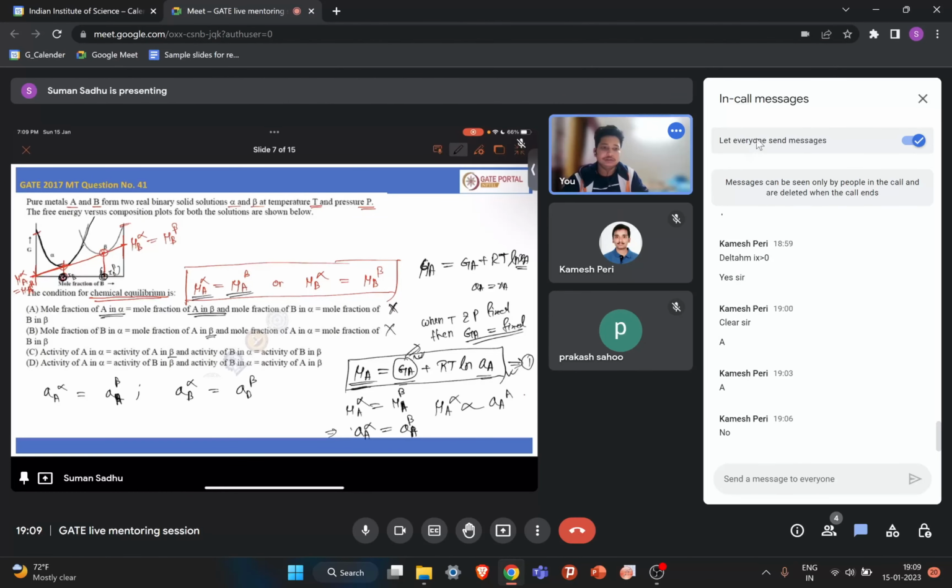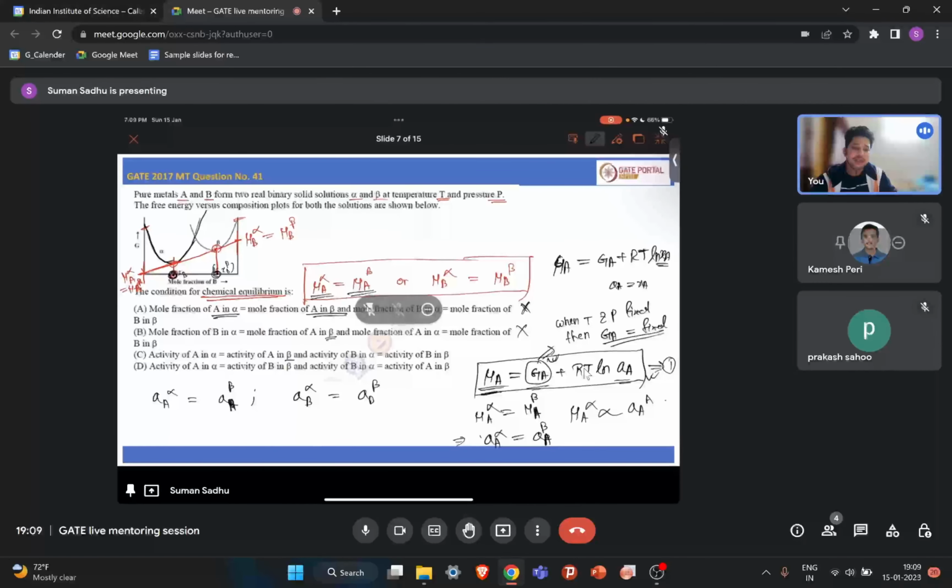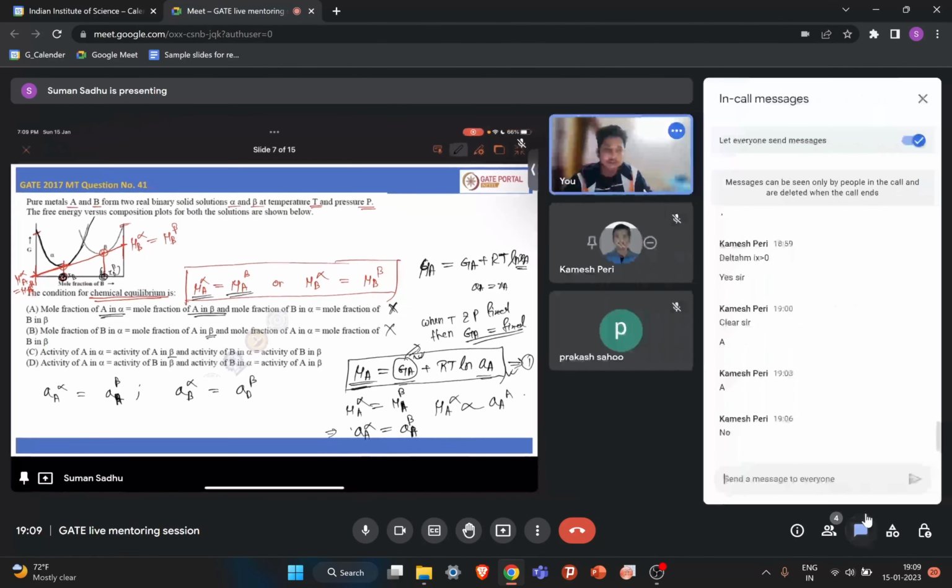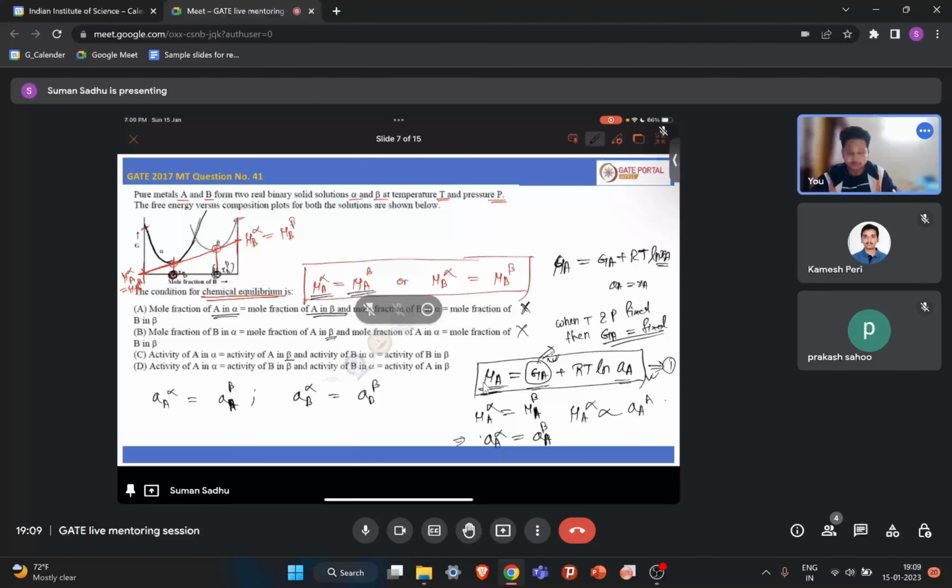Or should I write the expression for alpha and beta separately and then describe? Did everyone understand this part? Okay. So in this case your correct answer will be option C, right?